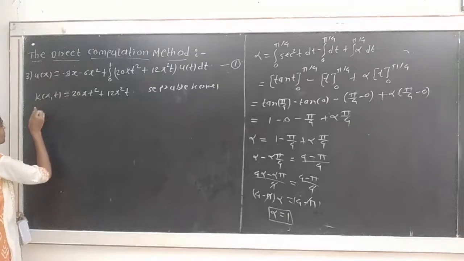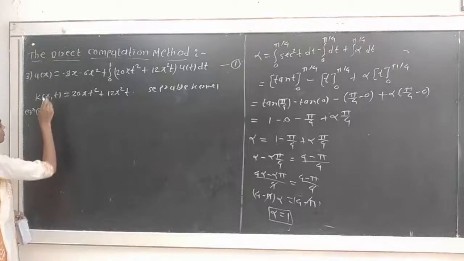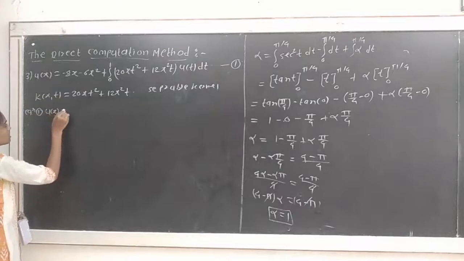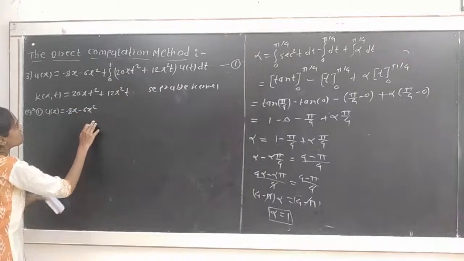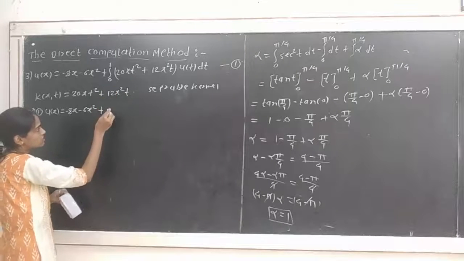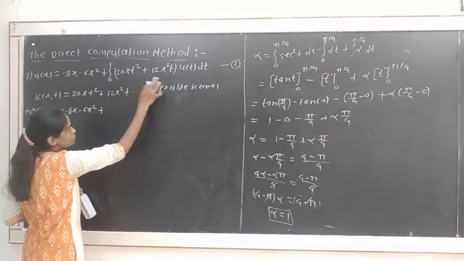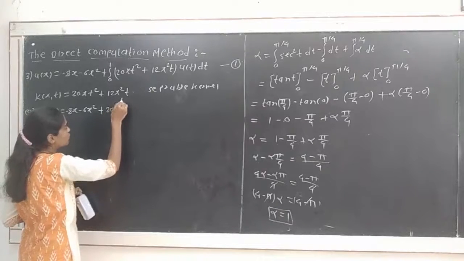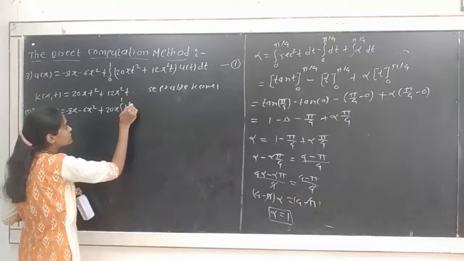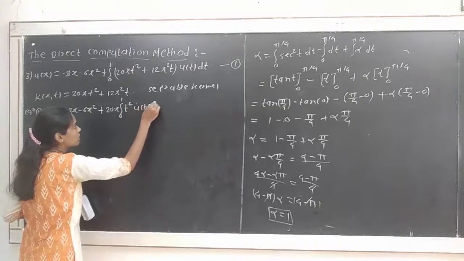So we write equation 1 as u of x is equal to minus 8x minus 6x square plus, we separate this: 20x will be constant with respect to t. So we take outside 20x, integration from 0 to 1 of t square u of t dt.